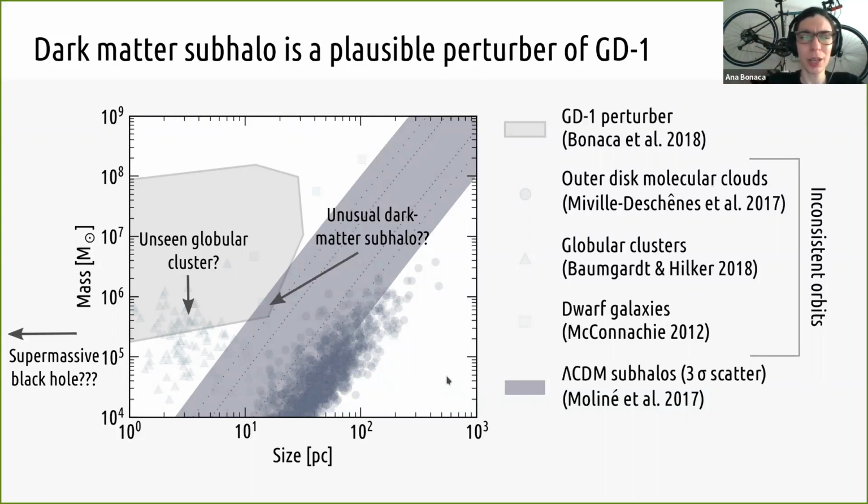And so the way this plays in is that if you have a more massive perturber that was farther away, it will take a different time to create the gap of the same size.